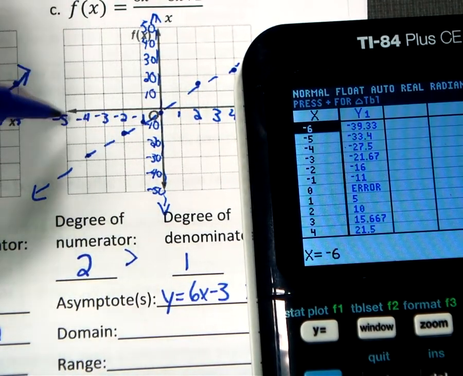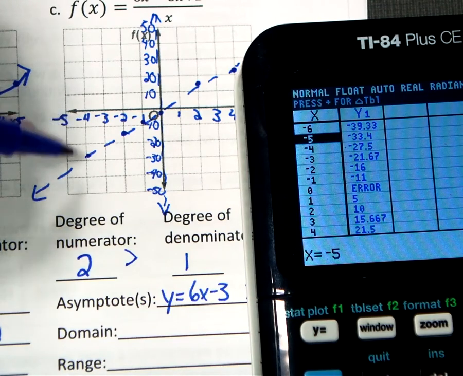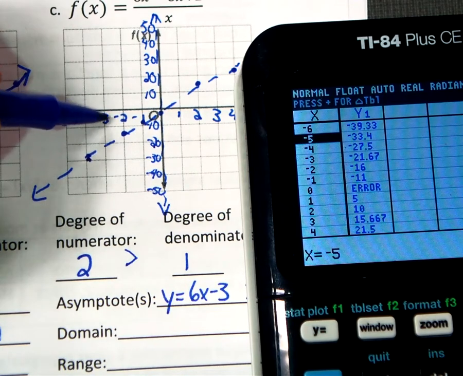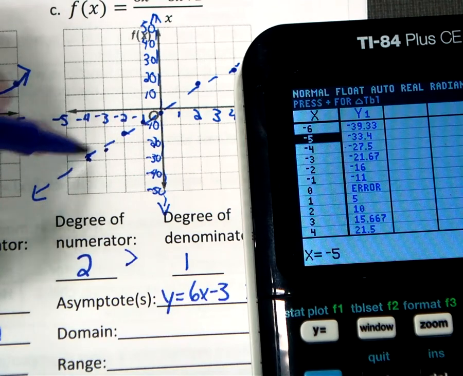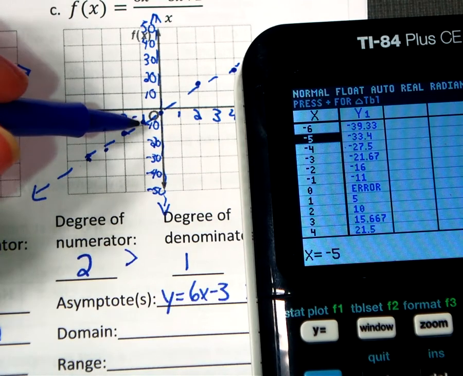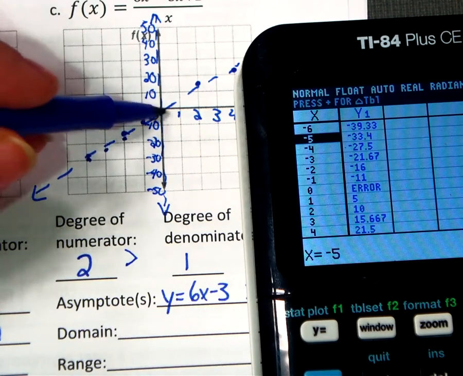So -5, we have -33, -4 is at -27, -3 is at -21. See, those are running just right along that asymptote. -2 is at -16. -1 is at -11.